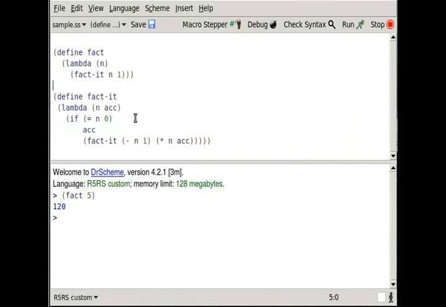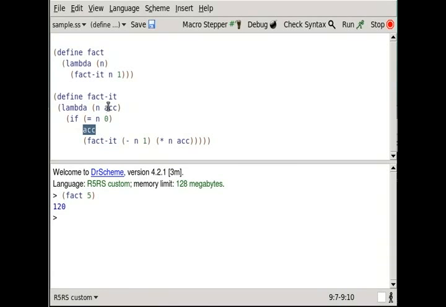Alright, now let me go back and explain why we start out with the value as 1 for the accumulator. Let's think of the base case. We're returning the accumulator here when n does equal 0.